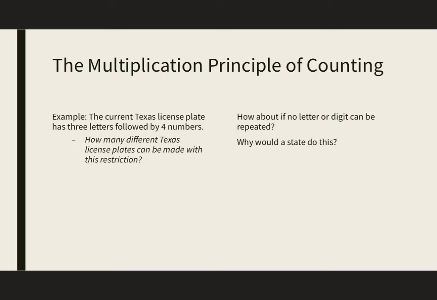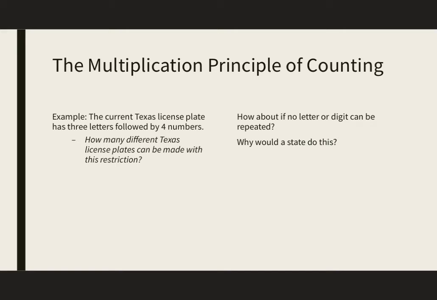All right, first principle down. Let's check out the first example, which is about the current Texas license plate. And thinking about how many different Texas license plates can be made with the restriction of 3 letters, notice 3 letters followed by 4 numbers. Let's think about this. What are the stages or the slots?